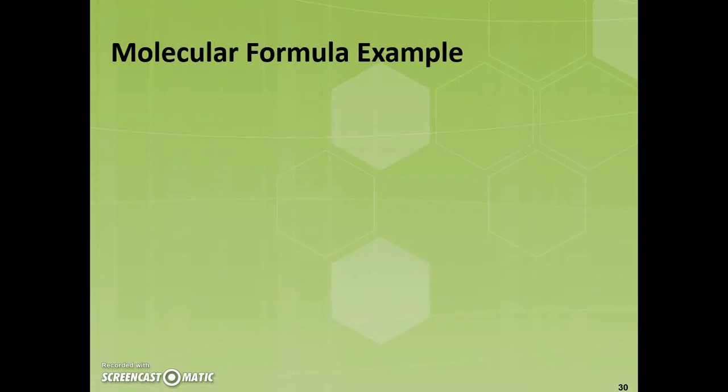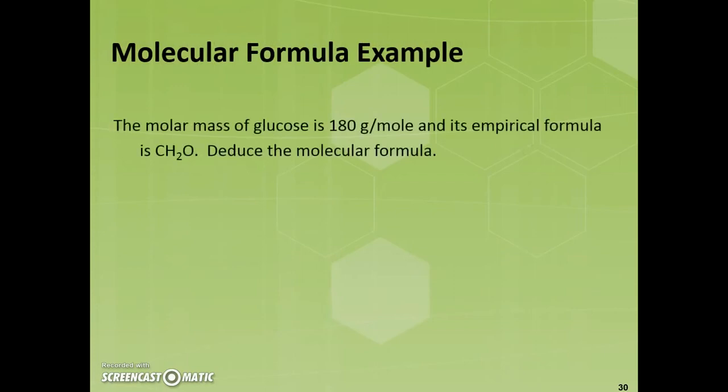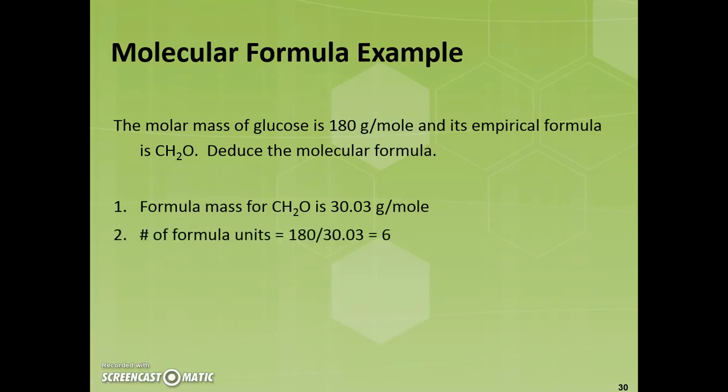And we already did one, but we can do another one here. The molar mass of glucose is 180 grams per mole, and its empirical formula is CH2O. Figure out the molecular formula. So we take the empirical formula and calculate the mass, in this case 30 grams. We find the number of formula units in the molecule by division.